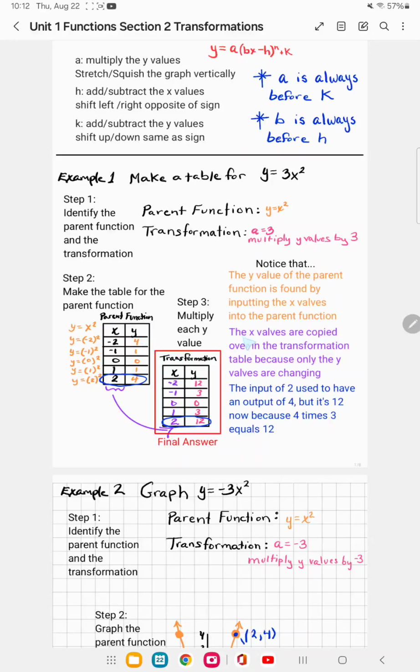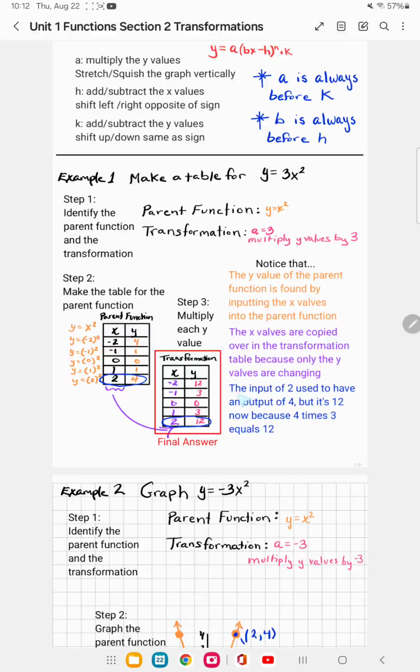The next thing to notice is that the x values are copied over in the transformation table because only the y values are changing. So that's what we've done. We've taken the x's, copied them over, and then only changed the y values.